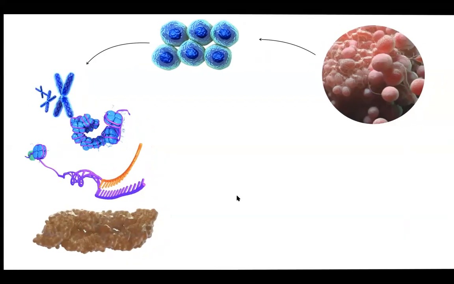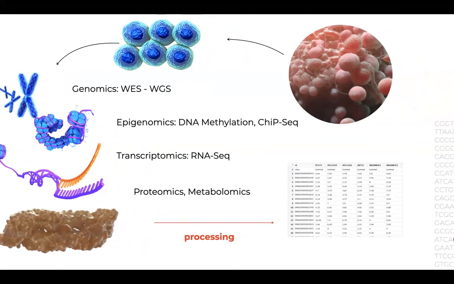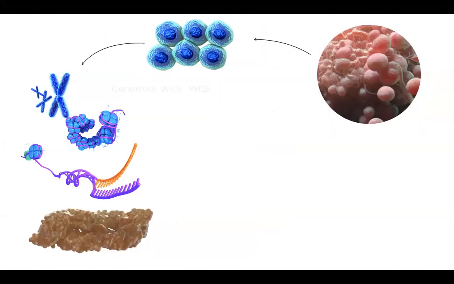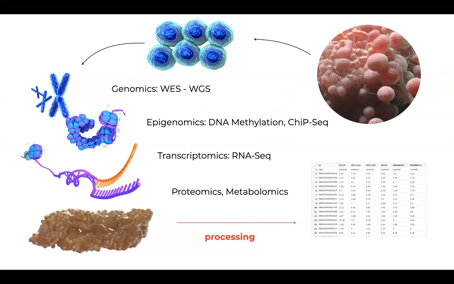Now, all of these kinds of data sets actually help us understand this data, but they first need to be processed. So when we process this data, we are generating different types of structured data from raw sequencing reads.